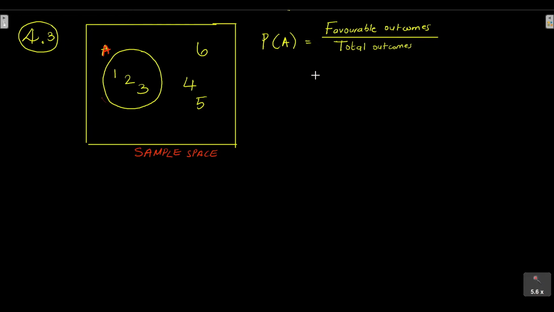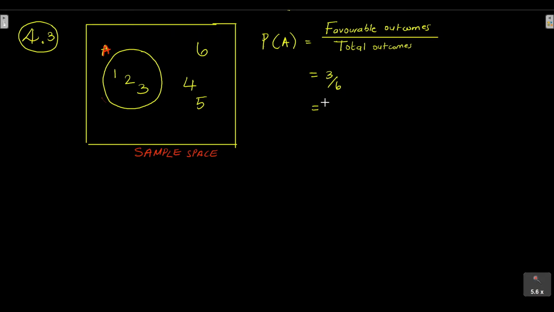What is the probability of having numbers in A? It is just 1, 2, 3 out of the total outcomes that we have in this whole sample space, which is 1, 2, 3, 4, 5, 6. So the probability of A is just going to be 3 over 6.